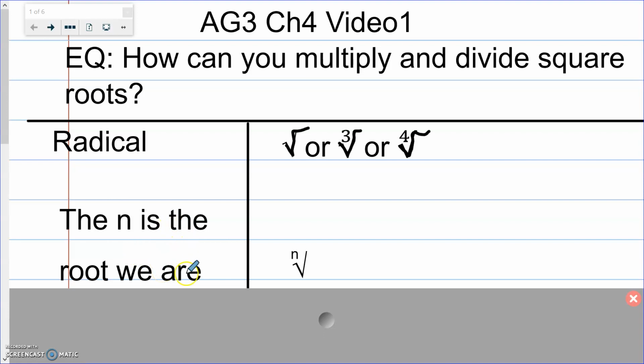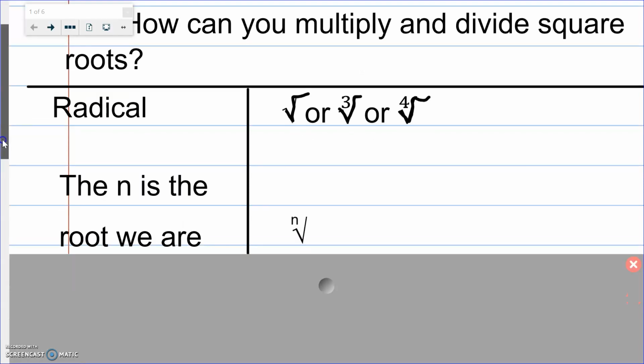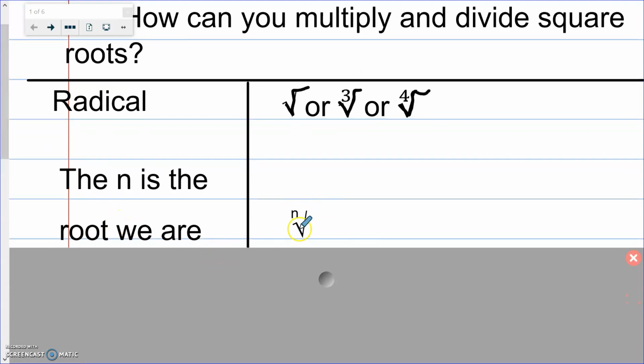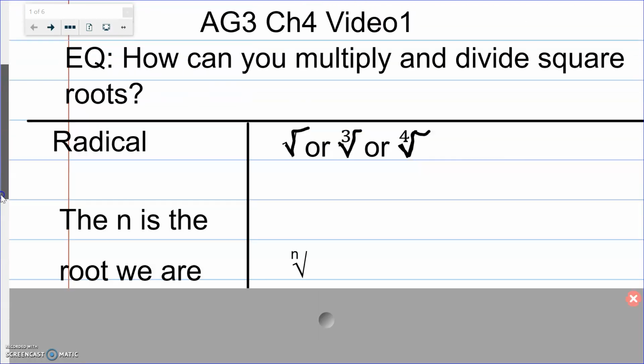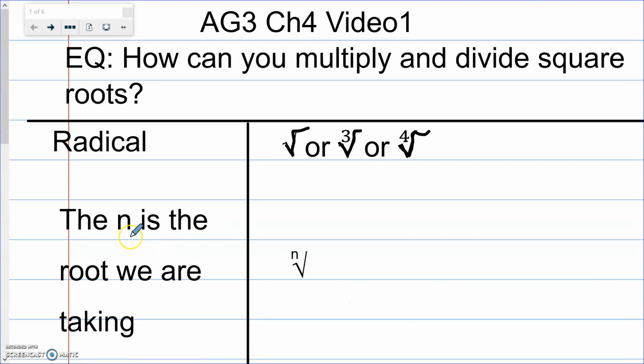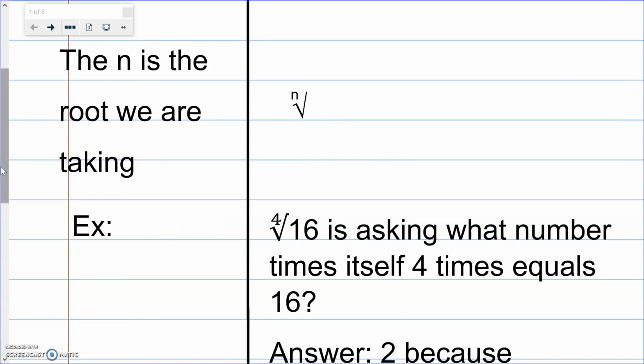The n is the root that we are taking. So it can be the fifth root, the sixth root. Any number can be placed here, and we can even have fractions placed there, which we'll talk about later on. So it's the root that we're taking.